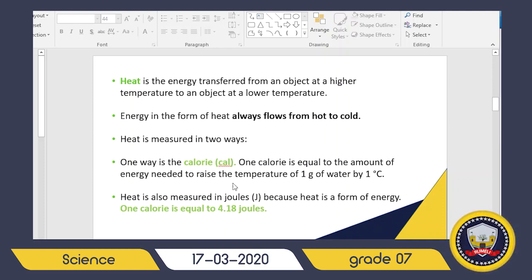We can use both of these measurements for heat. But just remember the important units like calorie, joule, and that heat is an energy. The thermal energy is a form of energy, but temperature is a measurement of energy. It is not a type of energy. Okay, these are the main topics from yesterday.